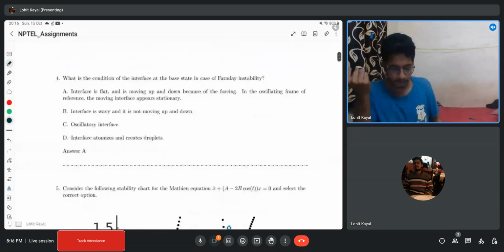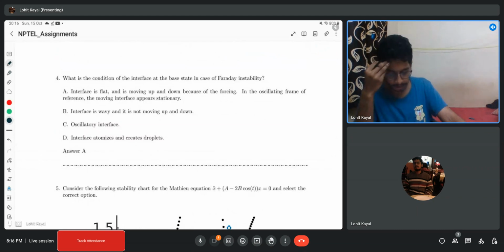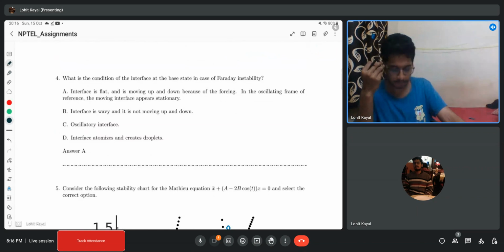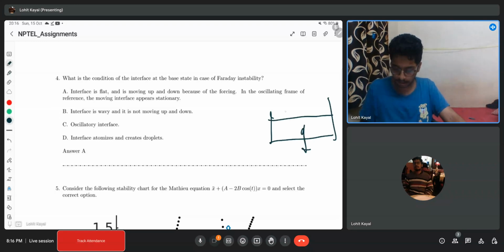Question 4. What is the condition of the interface at base state in case of Faraday instability? Interface is flat and it is moving up and down because of the forcing. In the oscillation frame of reference, the moving interface appears stationary. Obviously, this is your container, this is your fluid, and if you are oscillating it, it will go up and down.